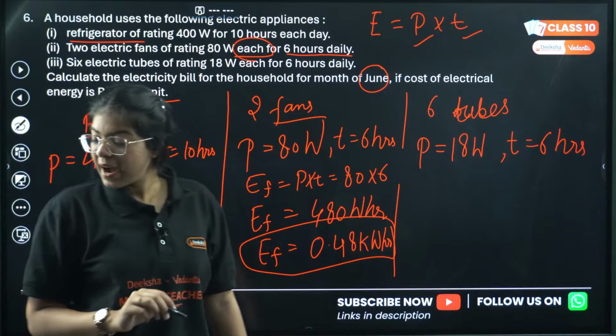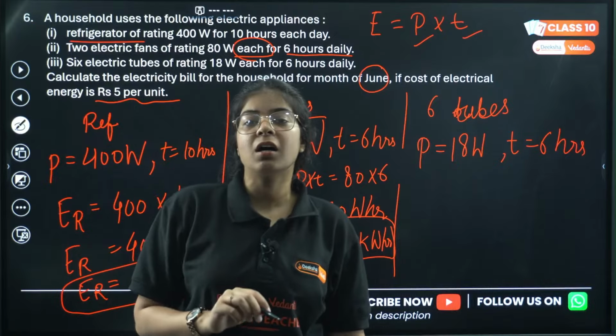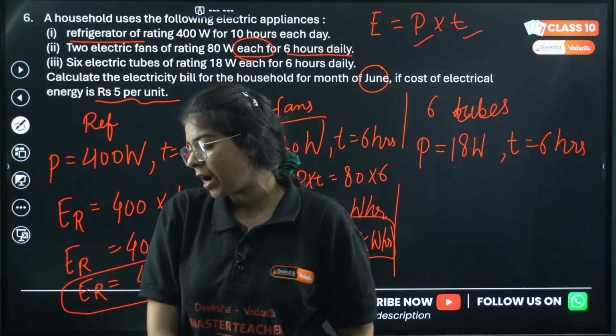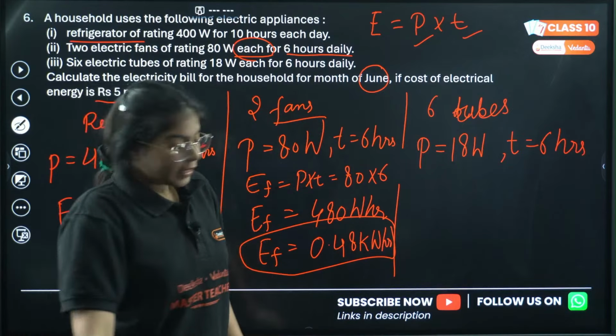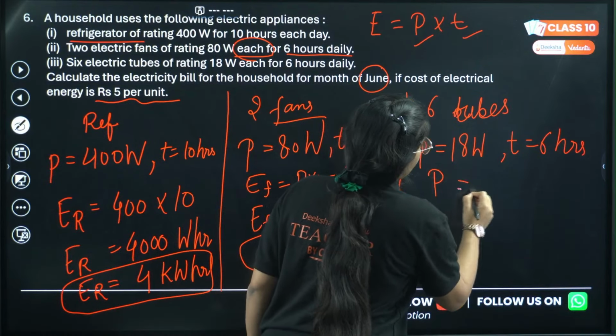Can you tell me why we are changing the units from watt hour to kilowatt hour? Why are we calculating in kilowatt hours instead of just watt hours?